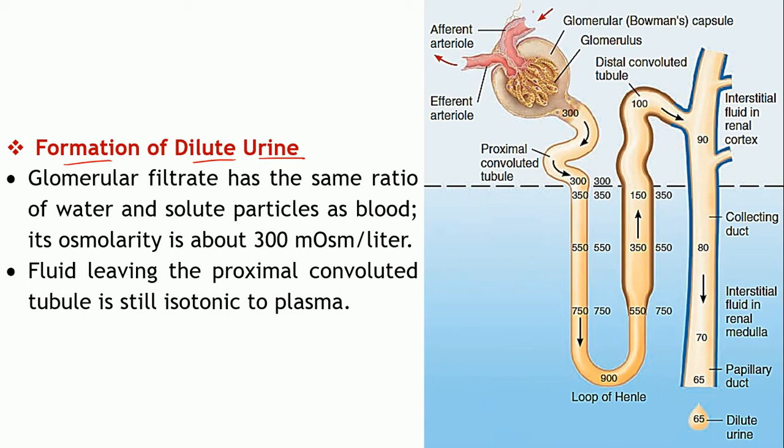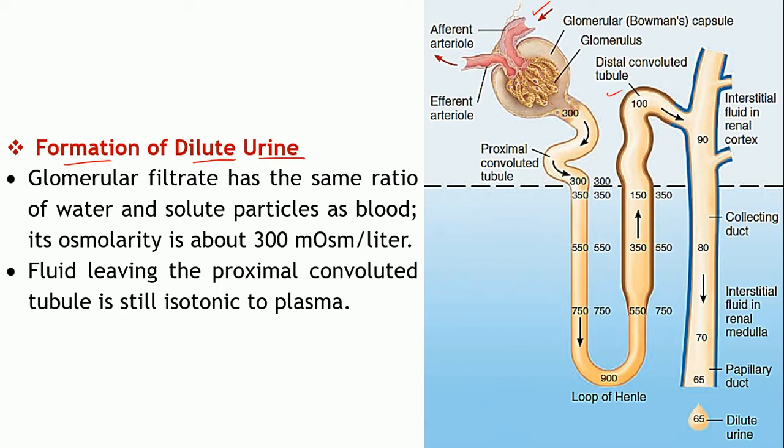This is the renal corpuscle and these are all the tubules, right? These are your glomerular capillaries at which glomerular filtration will take place into the capsular space. The filtrate will reach over here and travel along the tubule. As it is traveling, processes like tubular secretion and tubular reabsorption will take place.